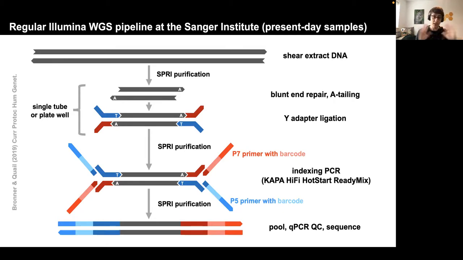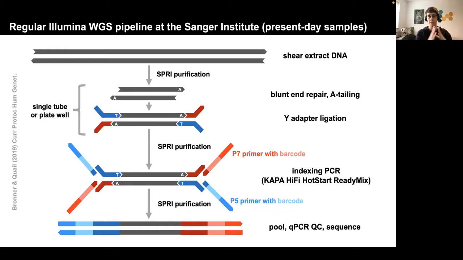Adapters are already not the bell-shaped adapters, they're Y-shaped adapters, which is great for us. No need for the additional uracil excision step. And most importantly, both the P7 primer and the P5 primer contain 8 base pair barcodes. The barcodes are quite long.